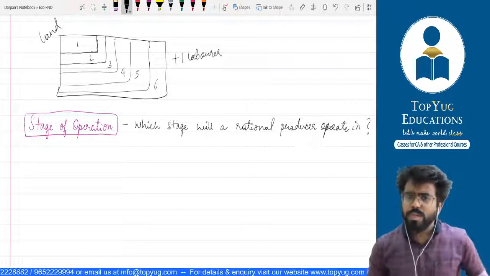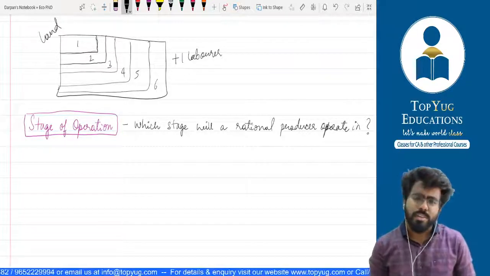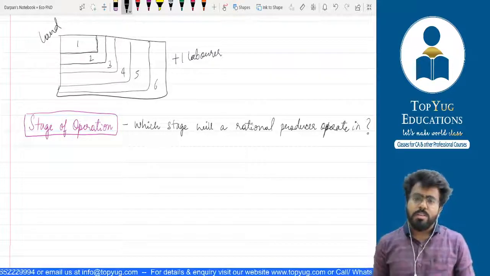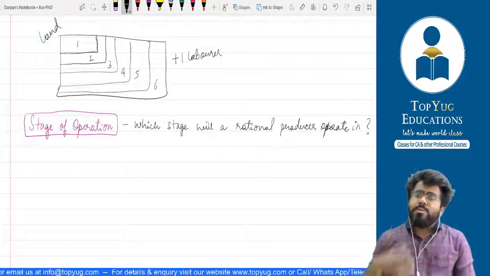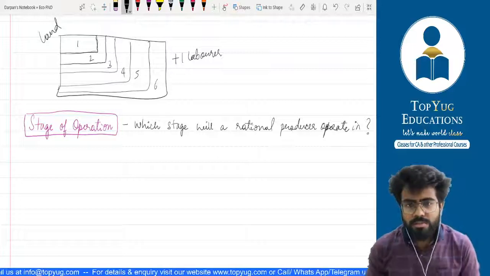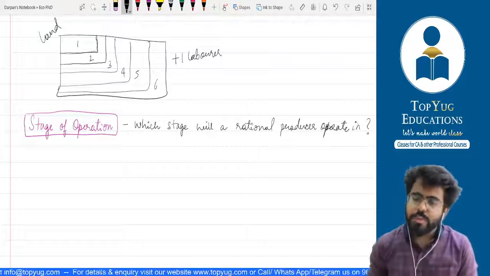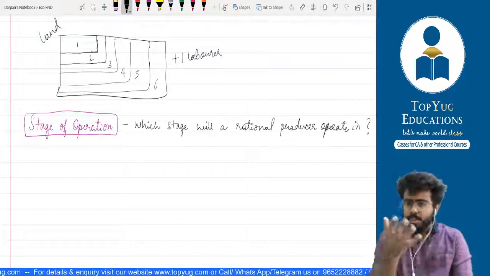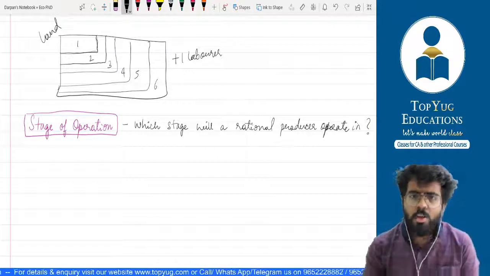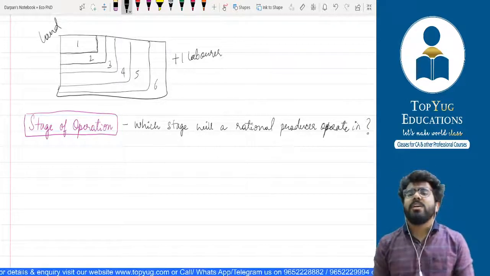Will he be in stage 1? Will he be in stage 2? Or will he be in stage 3? In which stage will he produce? Will the producer produce in stage 3? No, he will not produce in stage 3.